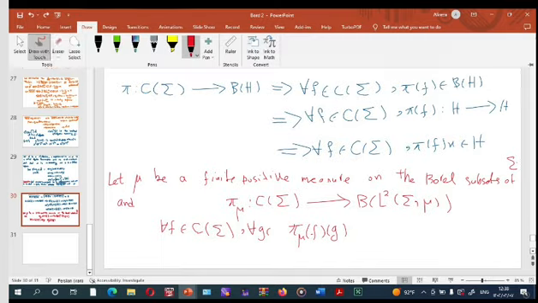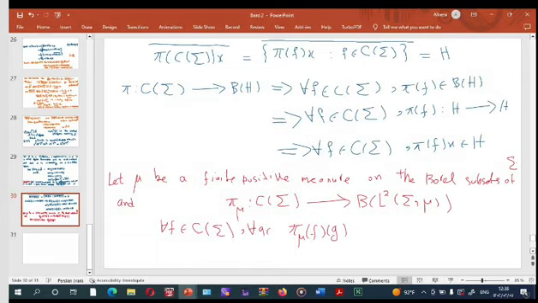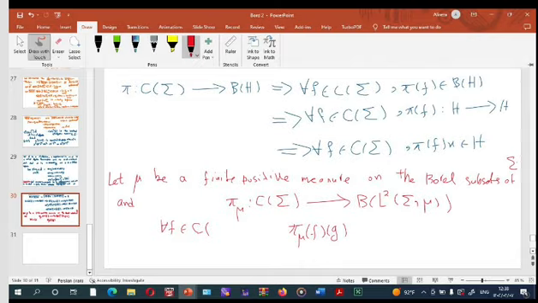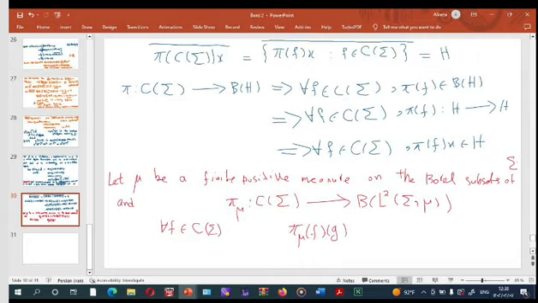Let me write smaller. For any f in C of sigma and for any g in L2 of this set and this measure mu, P mu of f of g is defined by fg.